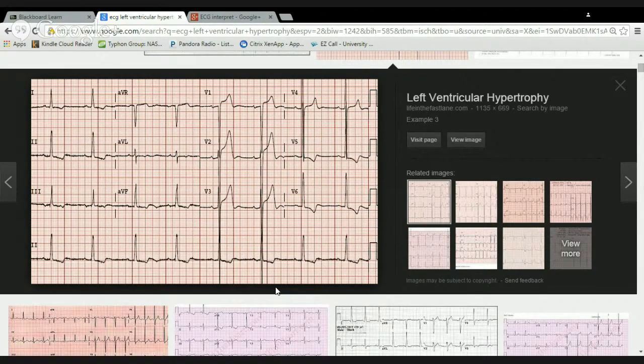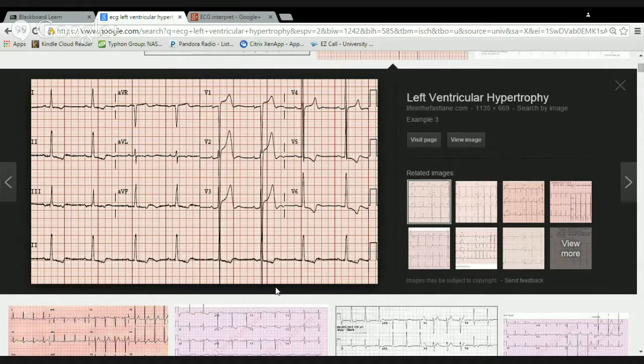And the atrial rate is 300, 150, 50 as well.